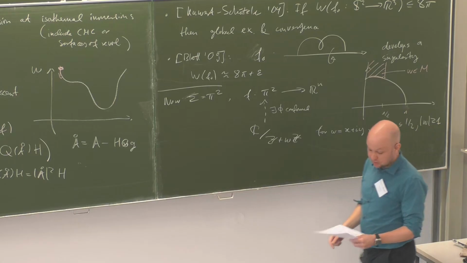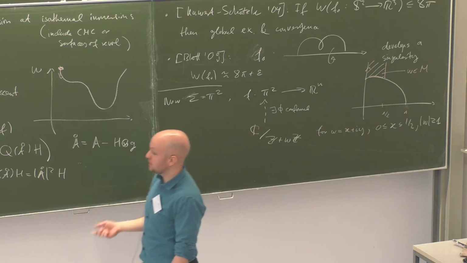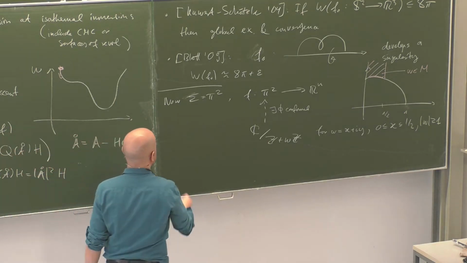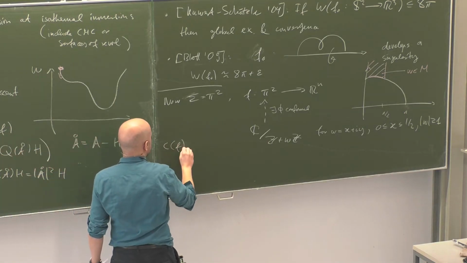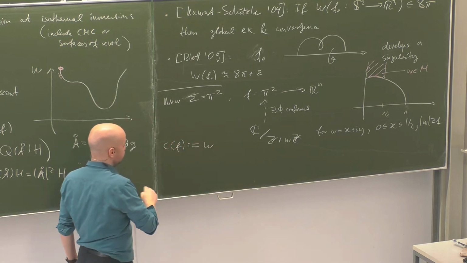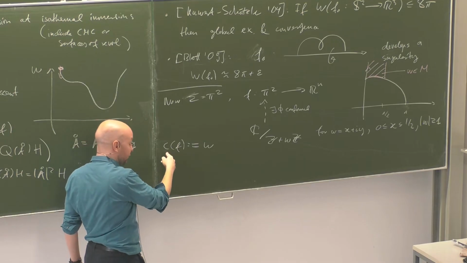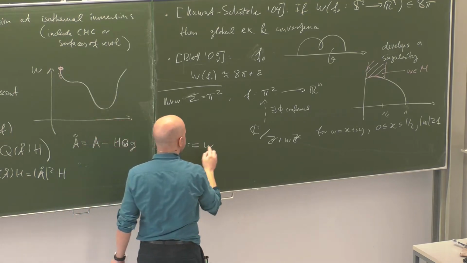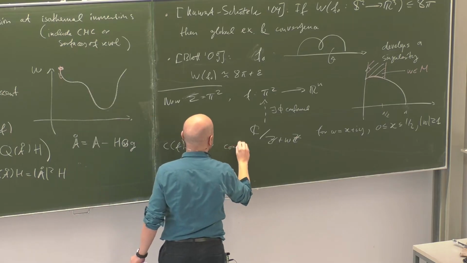Yes, and because of omega being unique, we can understand the conformal class just as this complex number omega. In slight abuse of notation, I write C of f, which is really the conformal class of the induced metric by f, defined as omega for the conformal class.